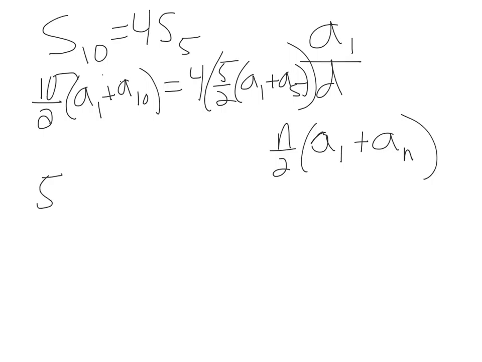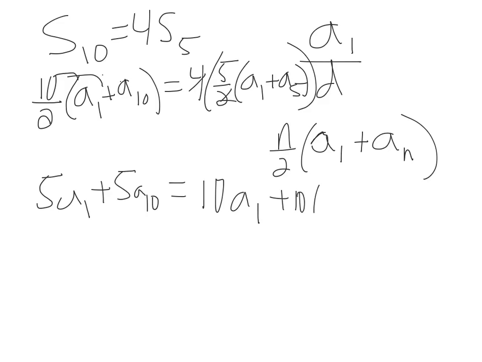And then if I distribute that 5 through, I get 5 times a sub 1 plus 5 times a sub 10. That has to equal, and let's see, if the 2 goes into the 4 twice, 2 times 5 is 10, and then I'm going to distribute that 10 through. So 10 times a sub 1 plus 10 times a sub 5.